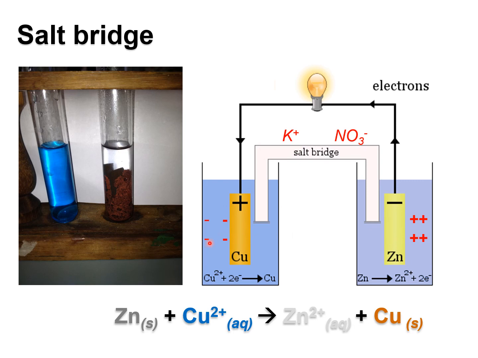So as this is becoming negative, the potassium ions will flow from the salt bridge into this side of the solution, while the nitrate ions will flow into the salt bridge and go to the other side of the solution to keep it neutral. So there's going to be a flux of ions from the salt bridge to the solutions that will let the solutions be neutral.